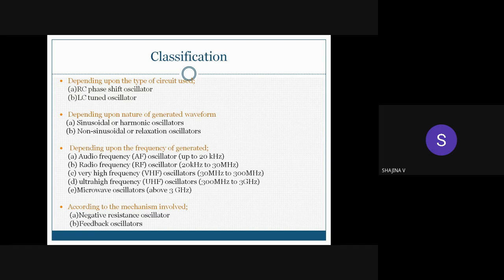So sinusoidal or harmonic oscillators will produce sinusoidal waveforms, and non-sinusoidal or relaxation oscillators produce waveforms other than sinusoidal. That can be square, rectangular or sawtooth, or we can say triangular.